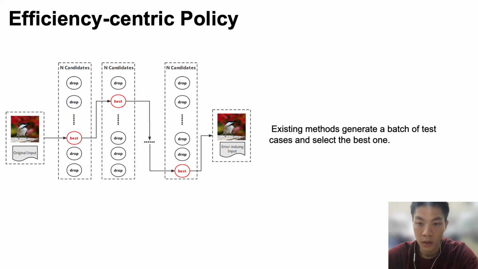Specifically, as shown in this figure, given n candidates, the best candidate only stems from one of these candidates, while n-1 candidates and their children are abandoned in each iteration. We could imagine the contributing query ratios are 1/n. That's to say, many queries are meaningless, which hugely restricts the testing efficiency.